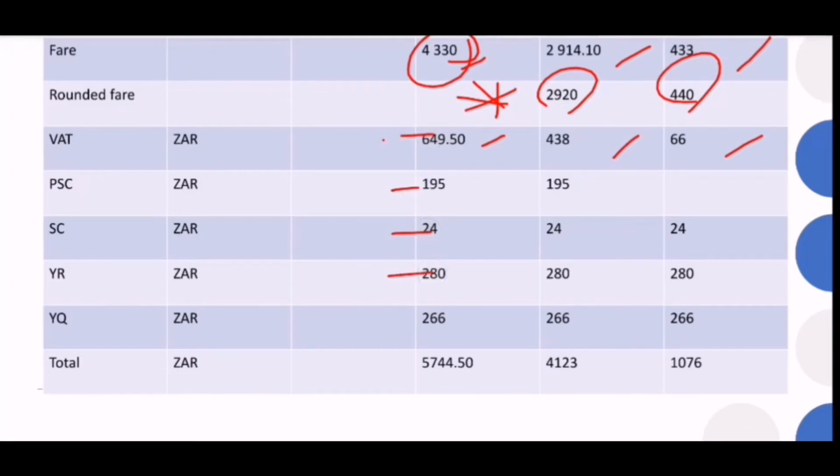You add up the VAT, you add up the YR, YQ, SC taxes, you add them up, and then they will then give you how much in total the adult is going to be paying. You repeat the process for the child. So the child, you're going to take the rounded fare and add up all the taxes, and then it will give you how much the child is going to be paying in total.